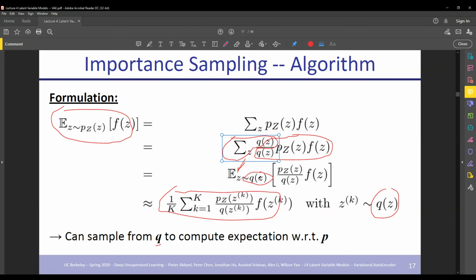The question now is, do you need more or fewer samples from QZ compared to the number of samples you take from PZ of Z? He made the statement that you may even need fewer samples from QZ than from PZ. And that intuitively makes sense, because if QZ is chosen to be a distribution that gives you more information, then you can obviously have fewer samples from here than from here, right?